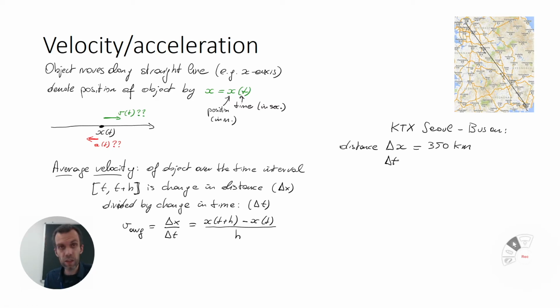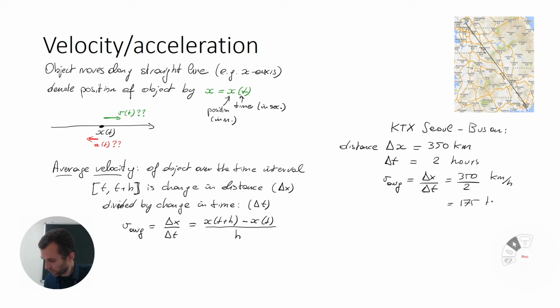The delta t, so the time needed to travel by KTX from Seoul to Busan, is about 2 hours. So you know that the average speed of the train is the distance covered divided by the time that it took to do that. So 350 divided by 2 kilometers per hour, which is 175 kilometers per hour.